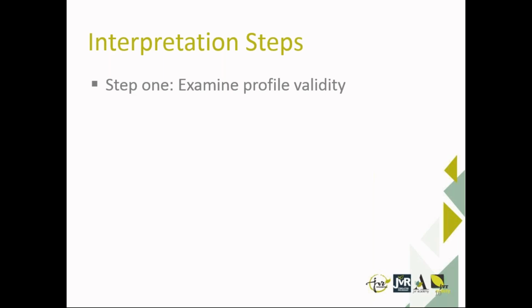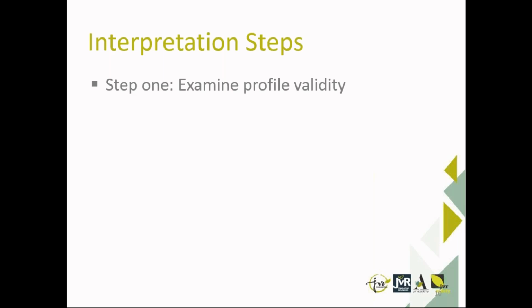Specifically on your select and job match reports that you're able to generate, we're going to go into a little bit more detail about the specific reports a little bit later. On those reports, you will find a specific profile validity scale that you will have a look at.